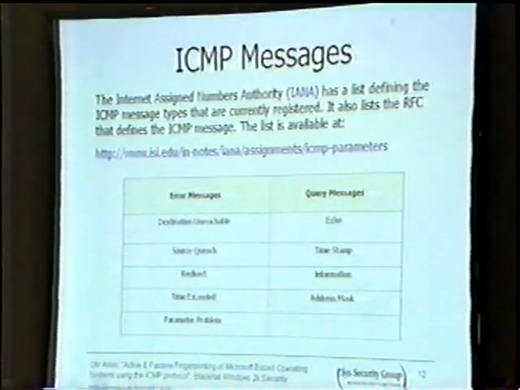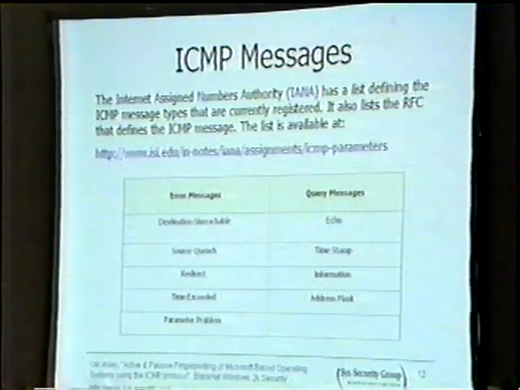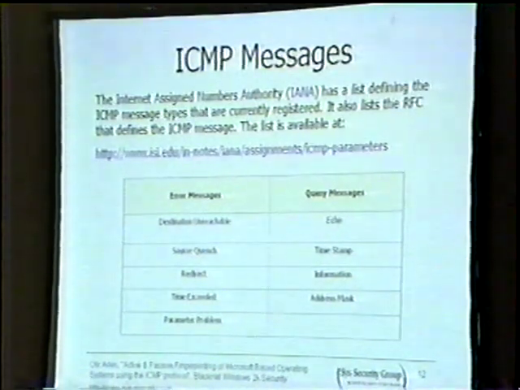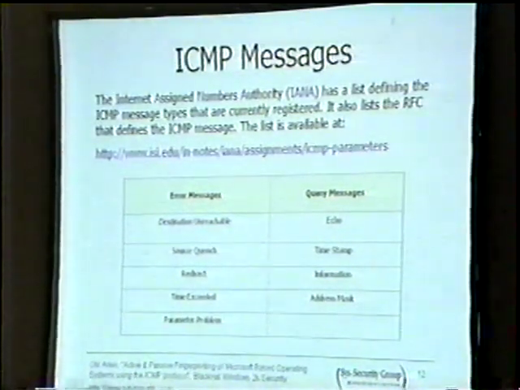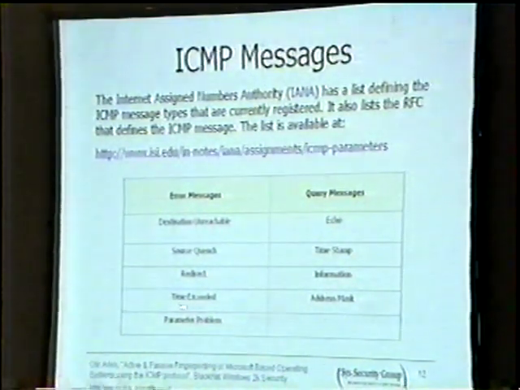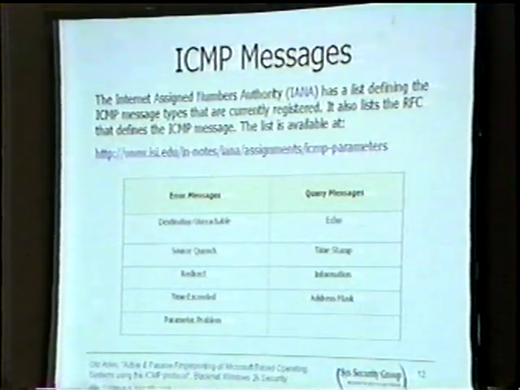Time exceeded, you have two types of messages here. When the IP time to live field value reaches 0, the time exceeded error message will be issued. And when a host fails to combine fragmented pieces of the information you sent, you will get a fragment reassembly time exceeded.